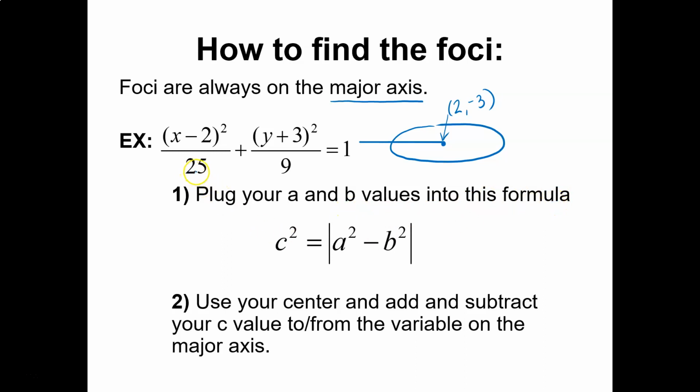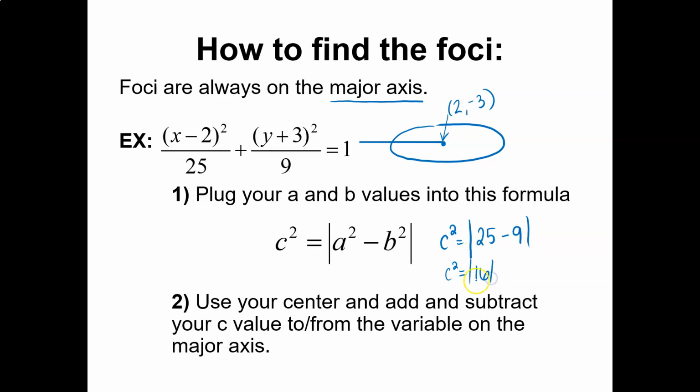So A would be 5 and B would be 3 in this case. So essentially you're just squaring them again. So it's going to end up like this. C squared is going to be the absolute value of 25 minus 9. Basically you're just subtracting your denominators here. And so C squared, the difference between 25 and 9, is 16.